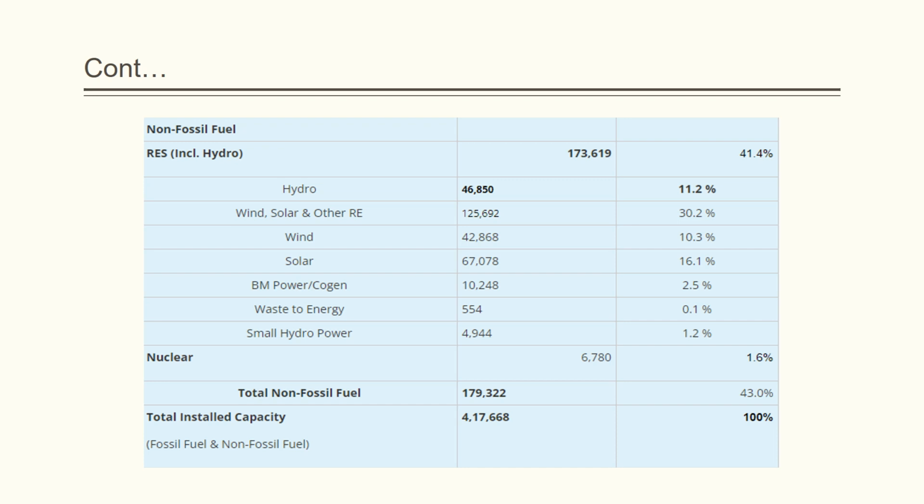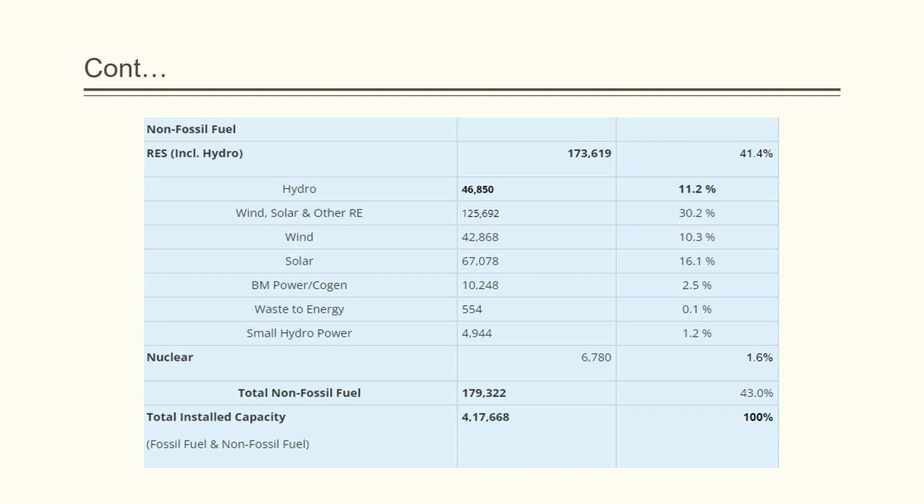Non-fossil fuels: in hydro we get 46,850 megawatt; wind, solar and other renewable energy resources 1,25,692 megawatt, which is around 30 percentage.